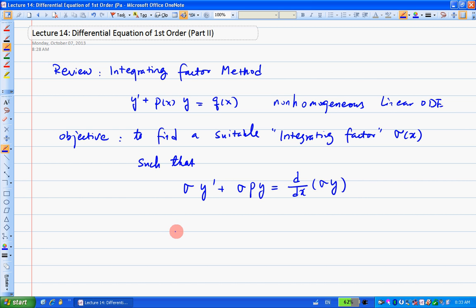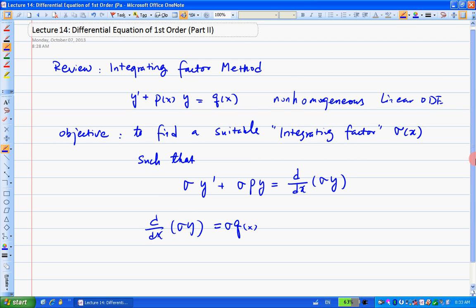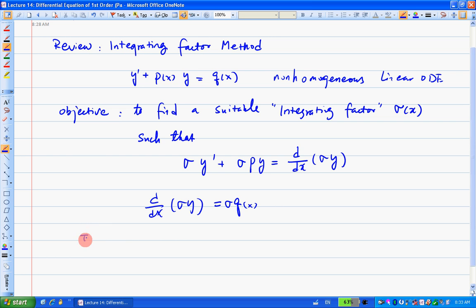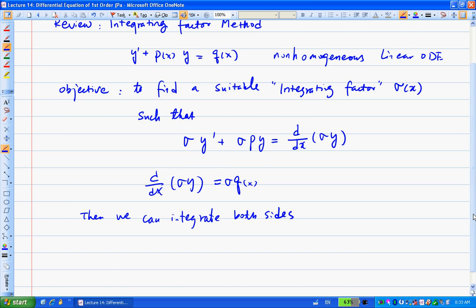So that means d over dx of sigma y will be equal to sigma q of x, and then we can integrate both sides. So that's the idea of the integrating factor method. The objective is to find a suitable integrating factor.